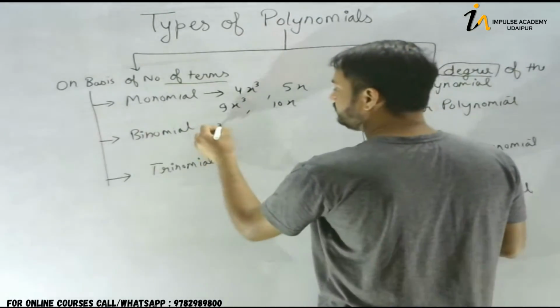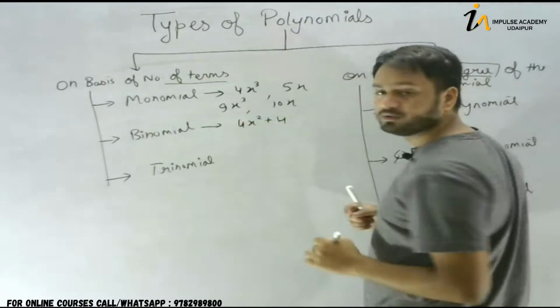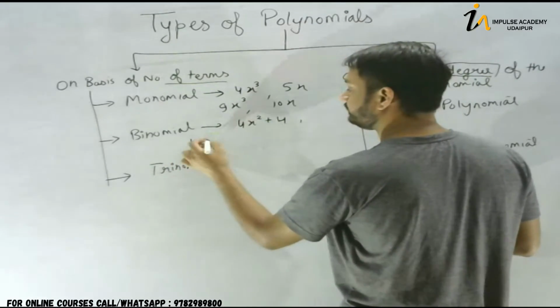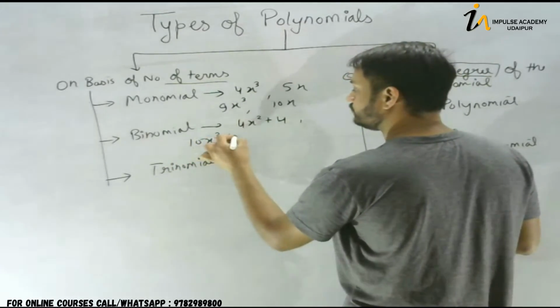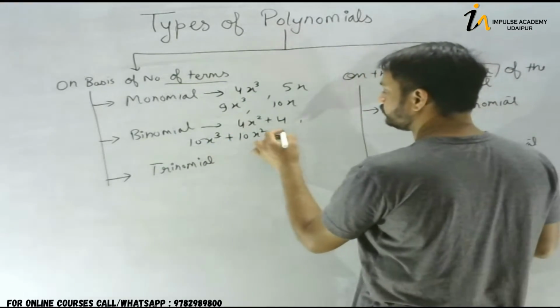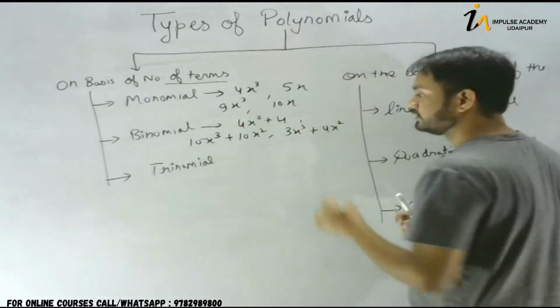Now, in the binomial we have 4x square plus 4, 10x cube plus 10x square, 3x cube plus 4x square.